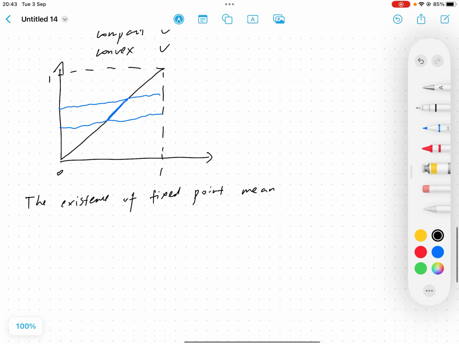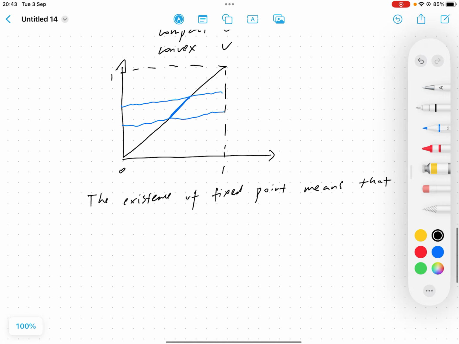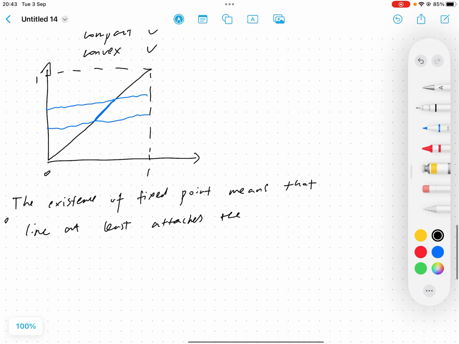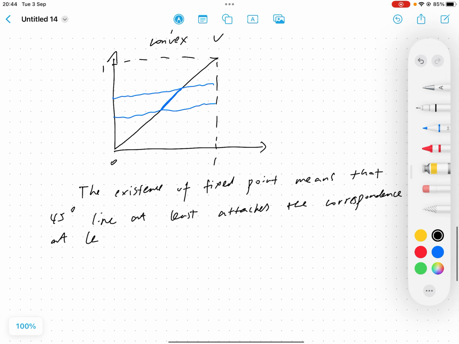It means that the 45-degree line at least attaches or intersects the f, the correspondence, at least once. So that's the interpretation of Kakutani's fixed point theorem.